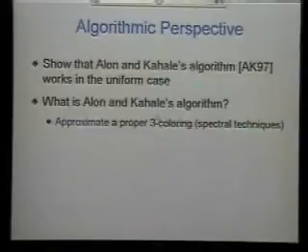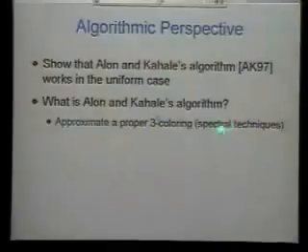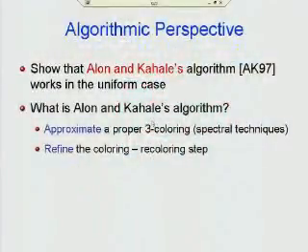And analyzing spectral techniques in the uniform case is really a big hassle and lots of technical work, because all the nice things, the results that are known for G(n,p), all the discrepancy properties, you have to reprove them, and things are of course dependent. So the main work here was technical and not in the algorithmic sense; it was more in the analytical sense.